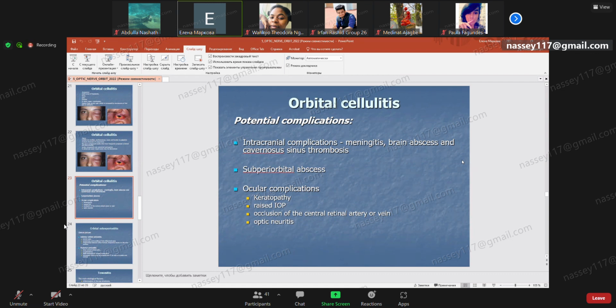It is relatively rare in sinus-related orbital cellulitis, but may occur in most traumatic and postoperative cases. And finally, it may be ocular complications such as keratopathy, raised intraocular pressure, occlusion of the central retinal artery or vein, and optic neuritis.